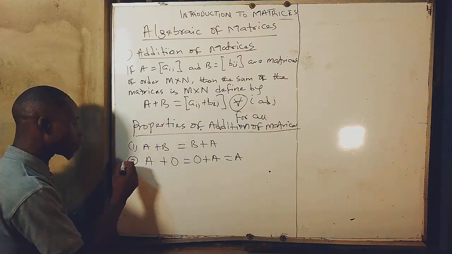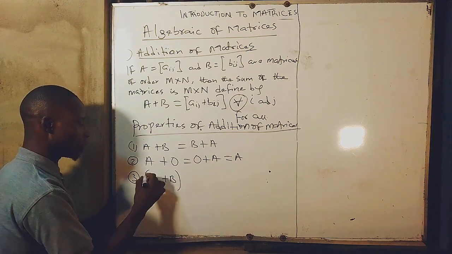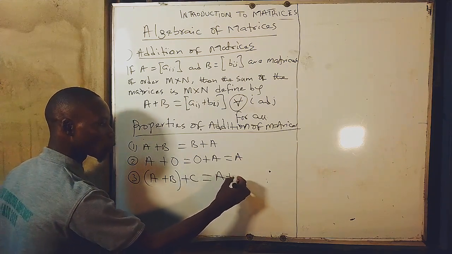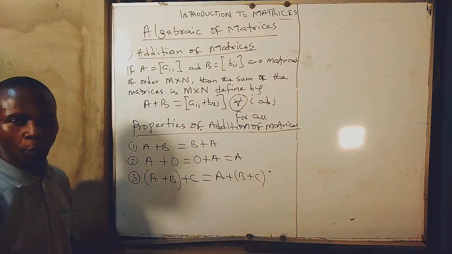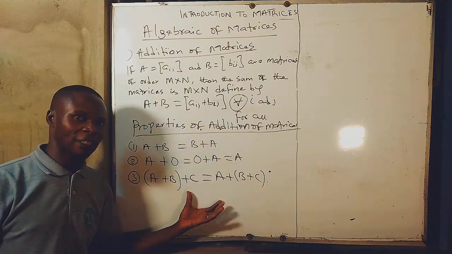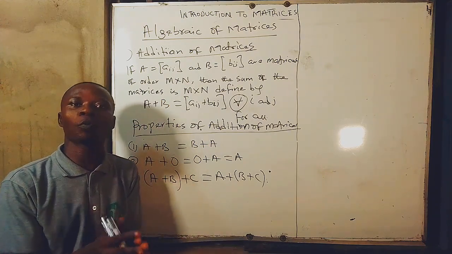And the last property here is: (A plus B) plus C is equivalent to A plus (B plus C). These are the properties of addition of matrices, and these properties are typically commutativity properties.